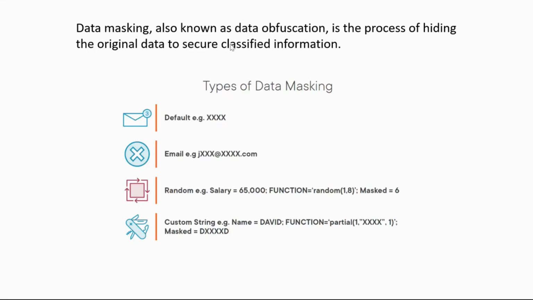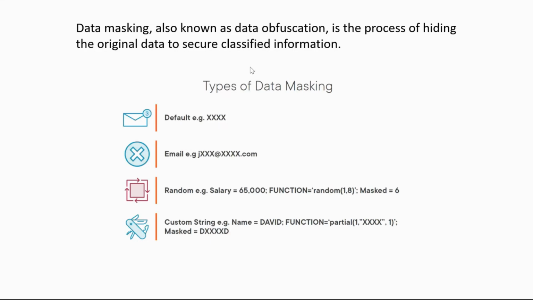But folks who are admins on the database or should have access to the underlying data, for them, the data would be visible in the original format itself. Hence the name dynamic, meaning depending on the corresponding role, the corresponding column would be masked or may not be masked. So it's dynamic. And masking is the process of hiding the original data to secure the classified information.